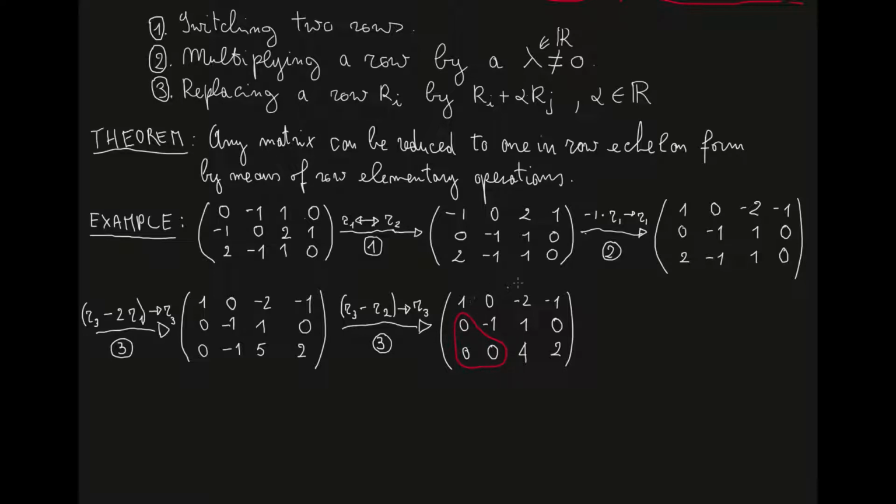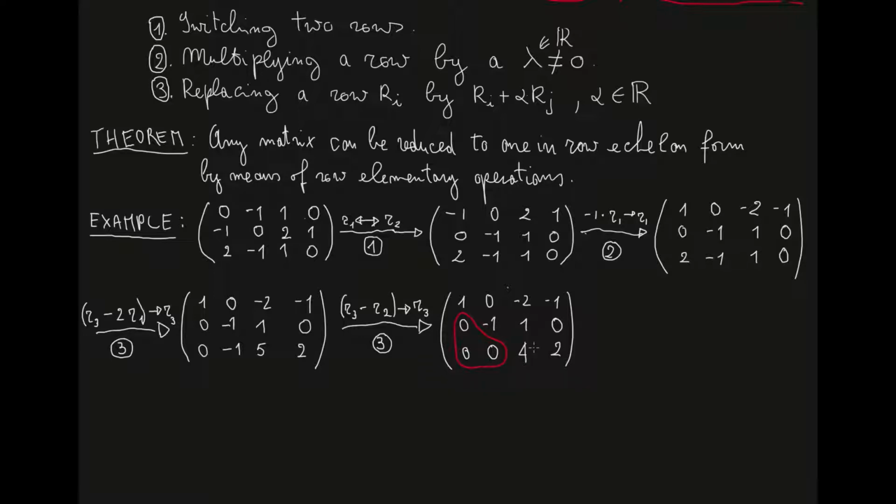We know now the rank of the matrix. We knew by definition that the rank of this matrix would be at most 3, so at most the minimum between the number of rows and number of columns. The number of rows is 3, the number of columns is 4, so the minimum is 3, so the maximum rank of this matrix would be 3. And in fact, here we have established that the rank of the matrix is indeed 3, because the number of rows that are non-zero is 3.